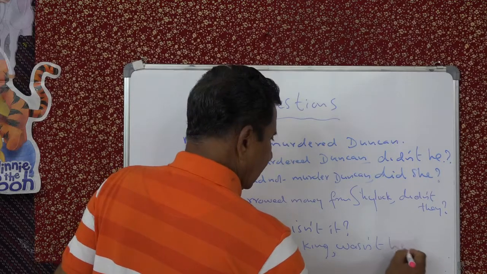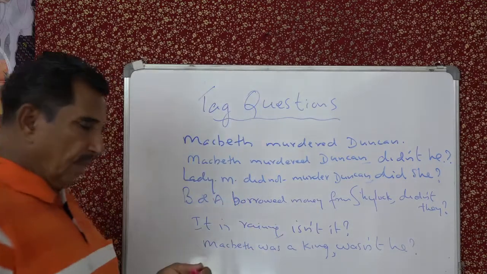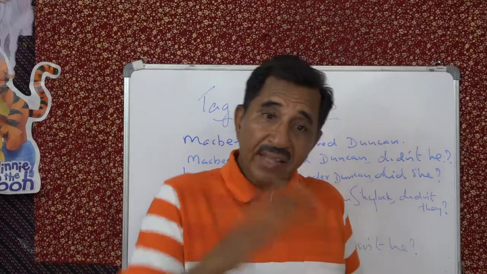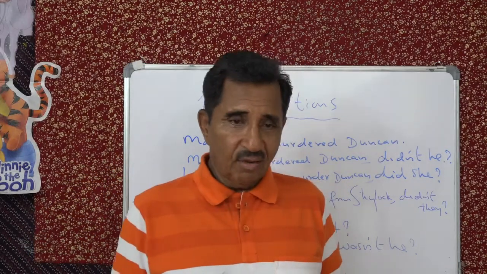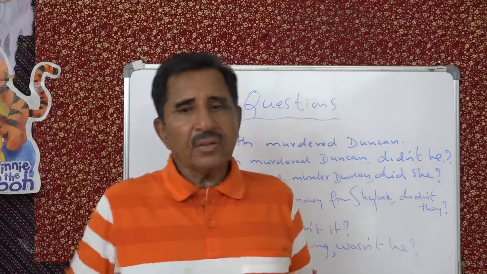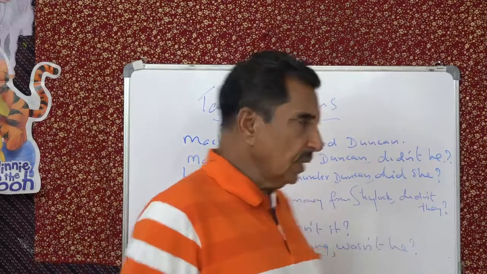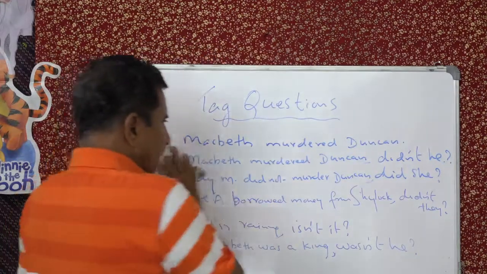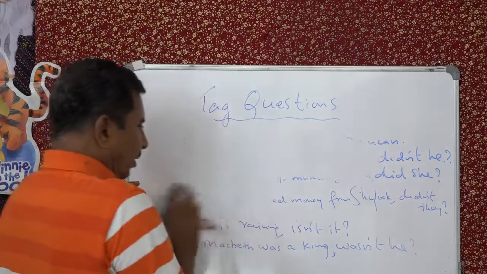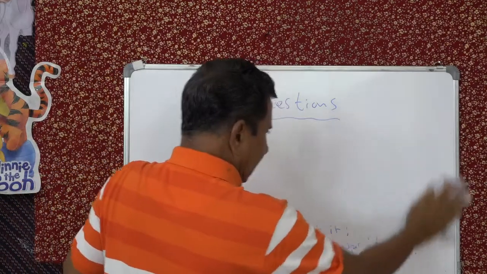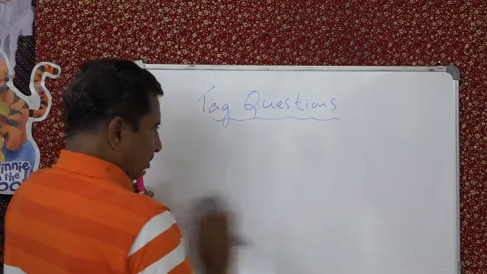Bassanio and Antonio were friends, weren't they? Because auxiliaries repeat. Understand? So auxiliaries repeat.